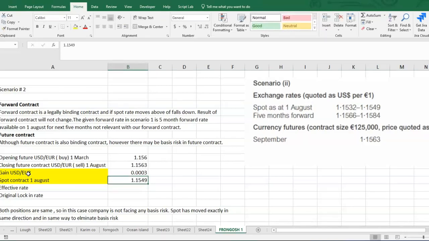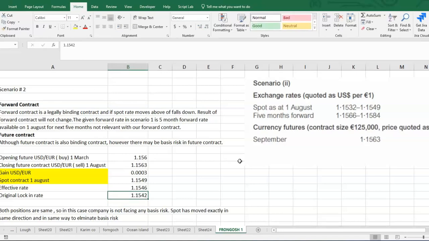So the gain would be netted off in this. The gain would be netted off because it's a payment case. So the effective rate would be 1.1546. But our original lock-in rate was 1.1542.